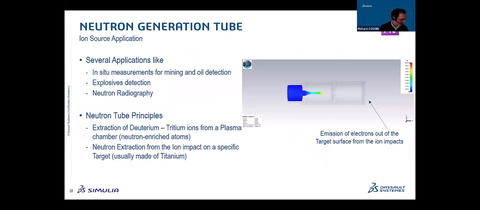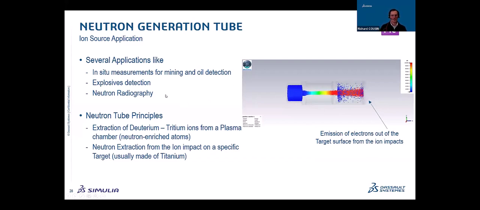Another example that we have in the context of high tech is, for instance, the neutron generation tube. More specifically, this is the design of the so-called ion sources. So how does that work for these particular applications? This is, for example, for the production of neutrons out of this device.